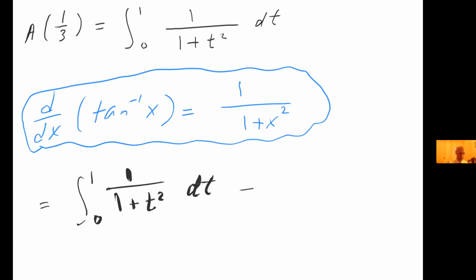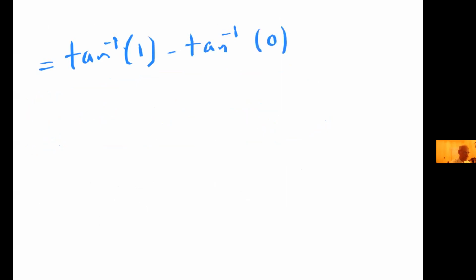Let me write that as tangent inverse of t from 0 to 1. Okay, and that equals tangent inverse of 1 minus tangent inverse of 0.